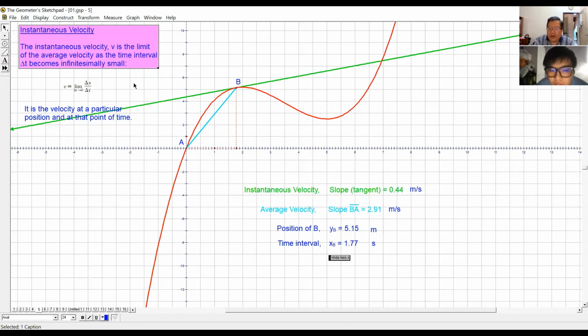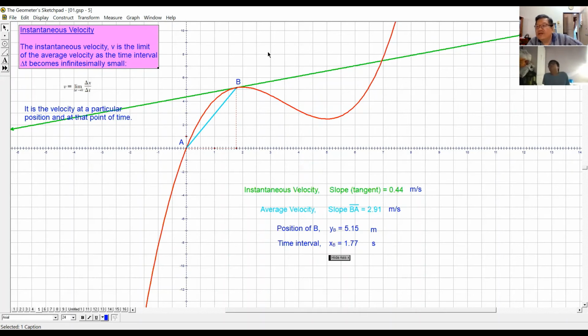So far, what we have been calculating is the velocity over a time interval, from 0 seconds to 10 seconds, from 5 seconds to 8 seconds. But when we talk about instantaneous velocity, it is the velocity at that particular point.